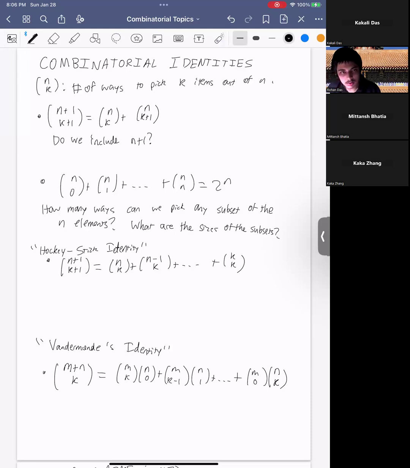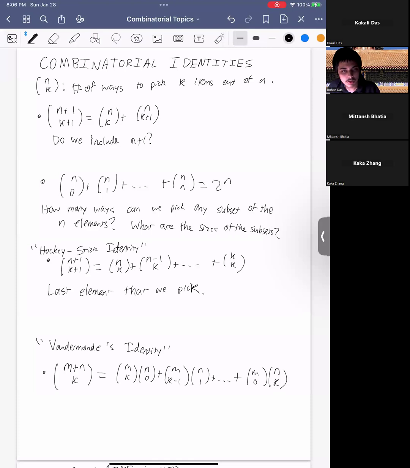For the hockey stick identity, it's more similar to the first one, where we think again about picking k plus 1 elements out of n plus 1. The argument is very similar as before, but now we consider the last element that we pick. If the last element that we pick is n plus 1, then as before, we will be picking k out of the first n.